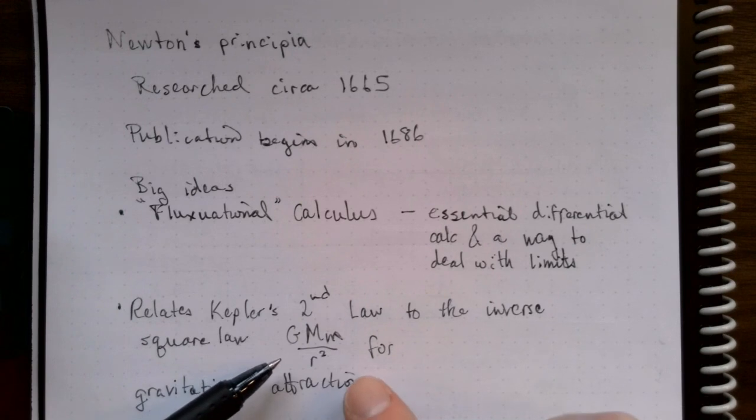And Newton says, okay, well, if this simple law for attraction between bodies holds, then Kepler's second law has to be true. So that, among other things, is part of the importance of Newton's Principia.